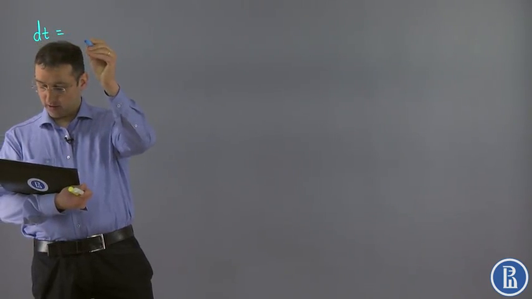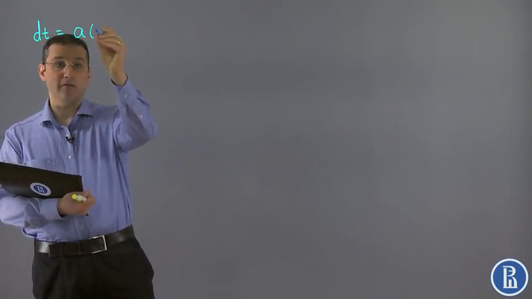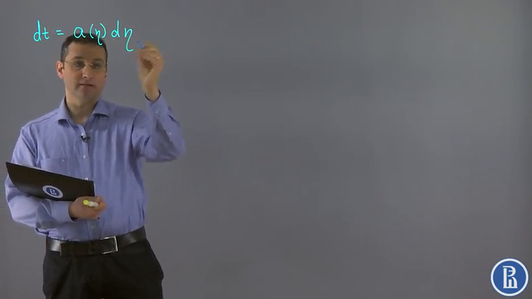So to move further and to solve Einstein equations, let us make the following change of coordinates. Let us change dt to a of eta d eta.